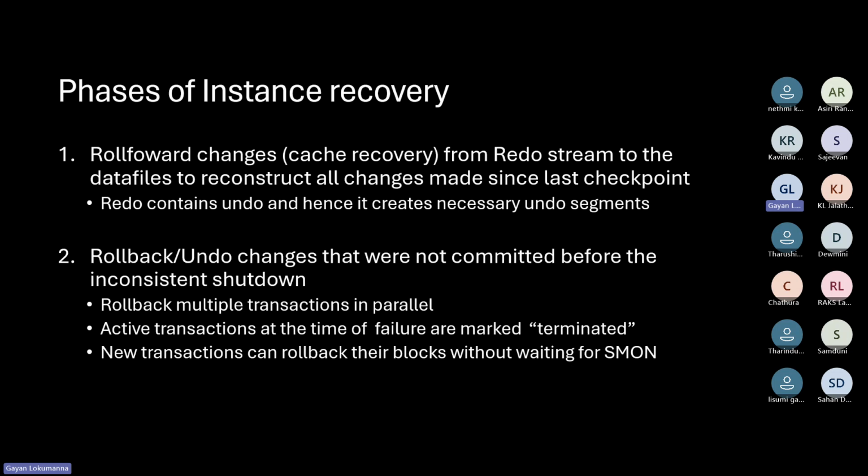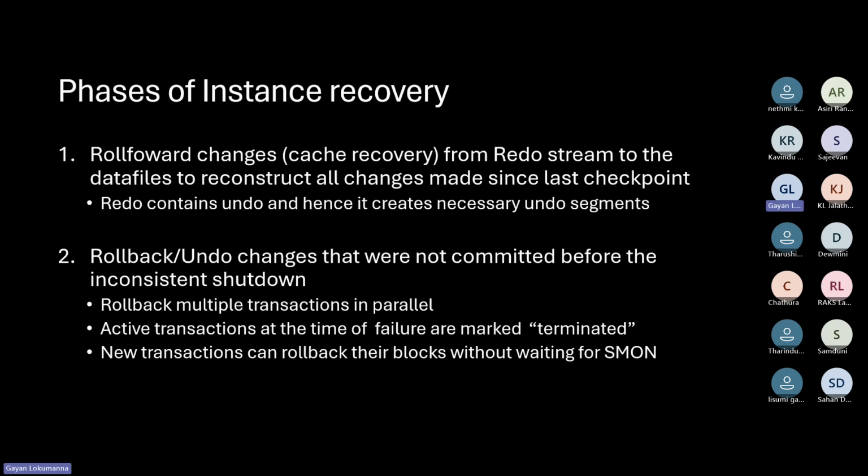So when the roll forward phase happens, even the undo tablespace will start getting activated. It will try to copy the before images of the blocks that are getting changed due to this redo apply. Through redos, you construct the transaction and apply it, and then you keep on applying until it gets to the end of the redo stream.